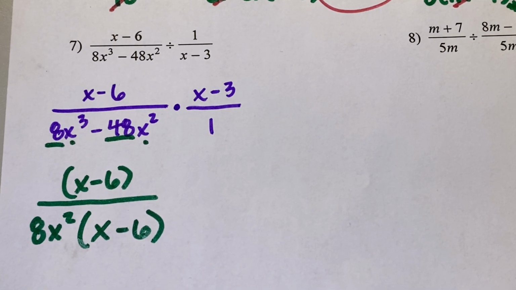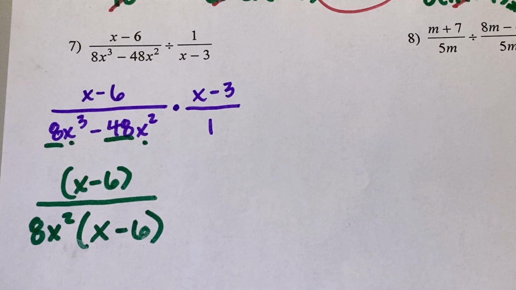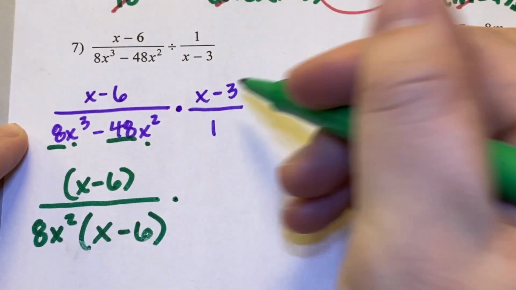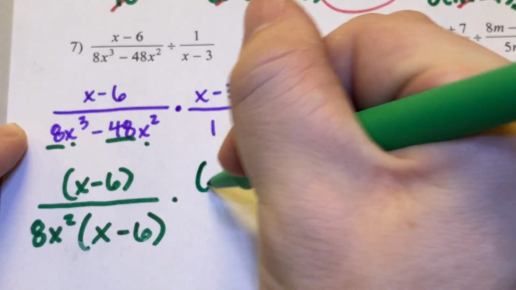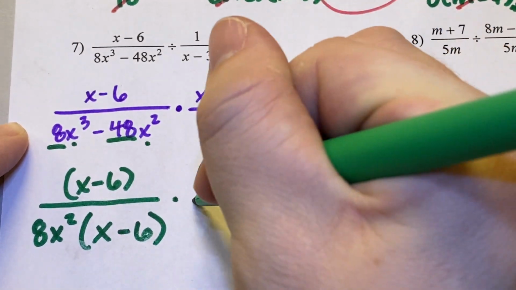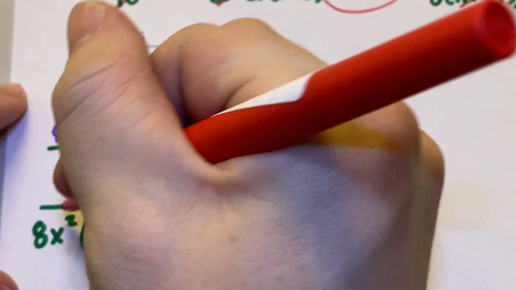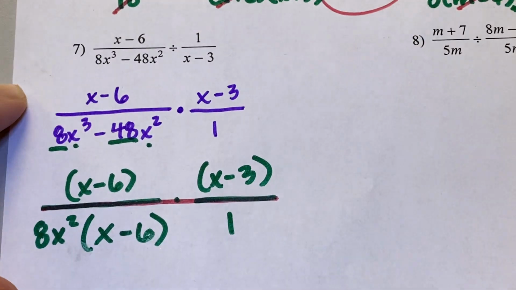That was easy. Okay, now let's look at our next numerator. Can I factor x minus 3? Nope, it's factored. And 1 I definitely can't factor. So that guy just stays the same. Okay, let's turn it into one big fraction so we can start canceling stuff.